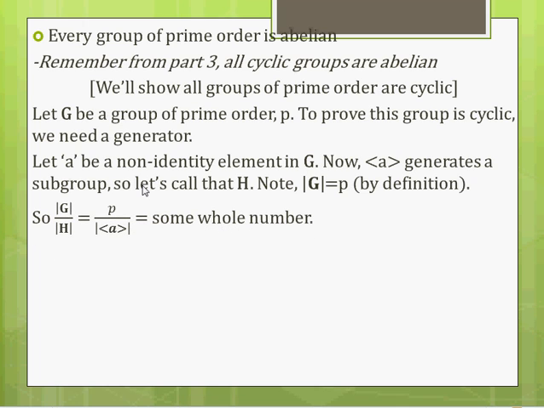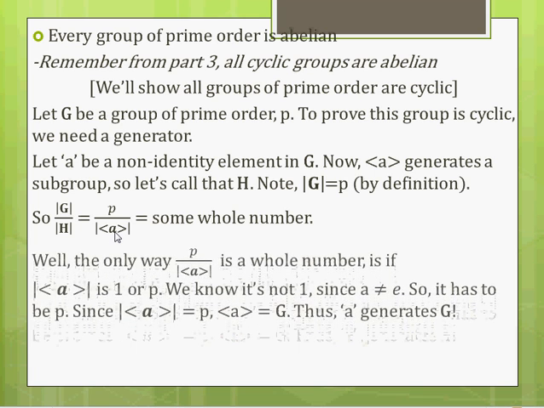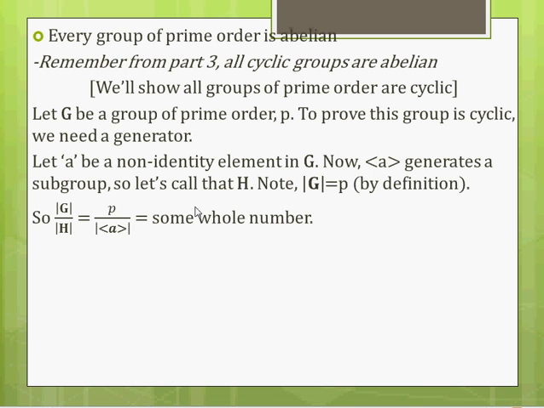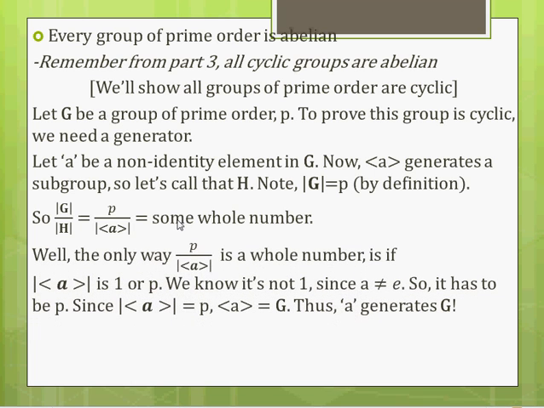All right, so here's Lagrange's theorem. The order of our group is P. The order of our subgroup is the order of the subgroup generated by A, so I'm just subbing in that subgroup there. And that's going to be some whole number. The only way this can be a whole number is if this right here is 1 or it's P. Those are the only things that divide a prime.